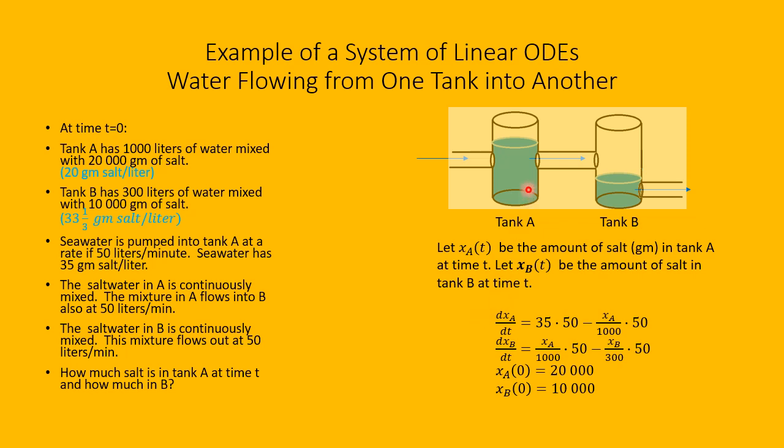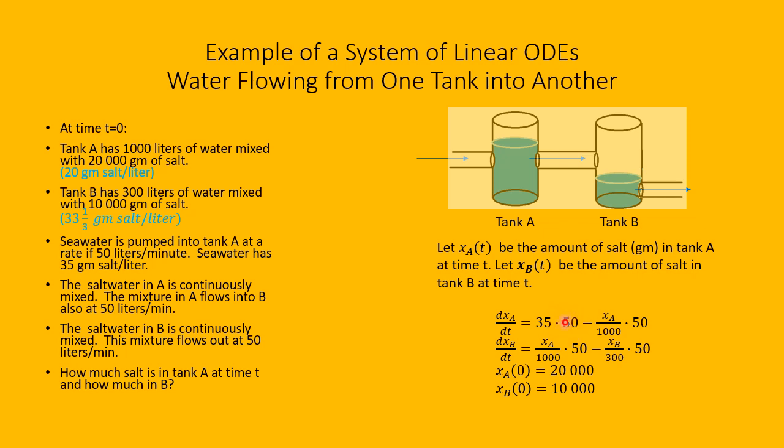So let's look at tank A for a minute. We're going to look at the rate of change of the number of grams of salt in tank A with respect to time t. T in this case is going to be measured in minutes, since our flows are in minutes.